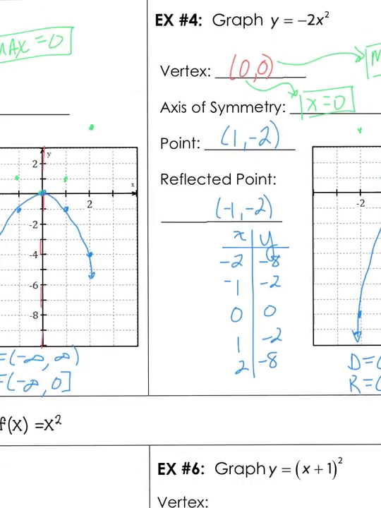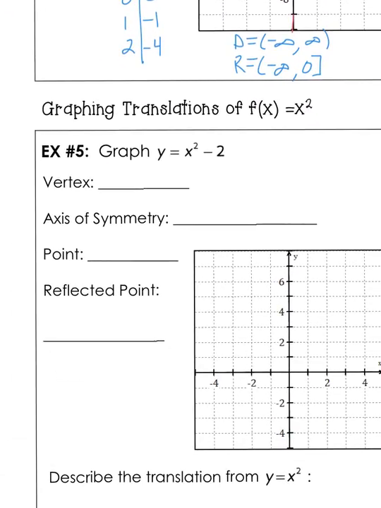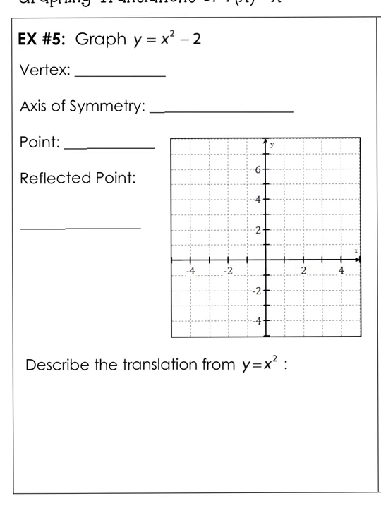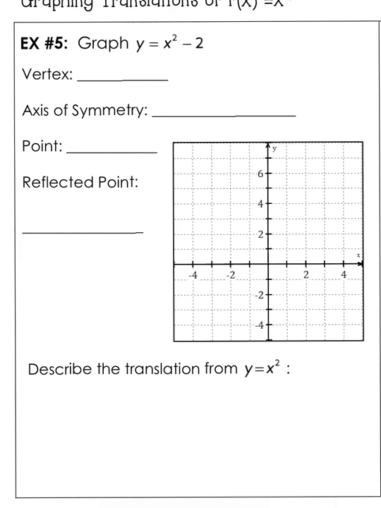All right, let's look at number 5. So now we're going to get into some up, down, right, left movements. Because we have a -2 outside the function x squared, this is exactly as we think it's going to be. That's an up-down movement, so it's going to be down 2. These are really easy to graph because all I do is graph the parent function, and by now you should know the ordered pairs, or if you don't, you're just taking the x values and squaring them.